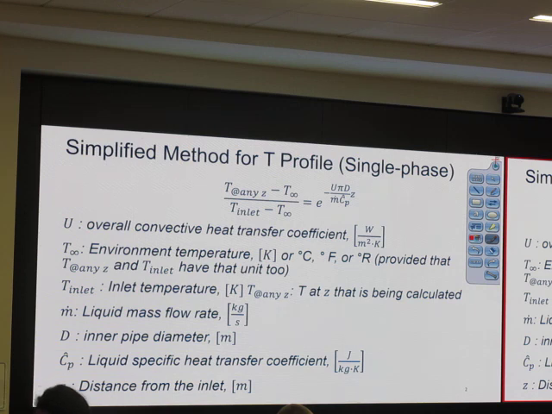Heat from the pipe goes to the soil, and heat from the soil goes to the environment. So even if the pipe is buried, we still have heat loss. So this equation is for the constant fluid property case.